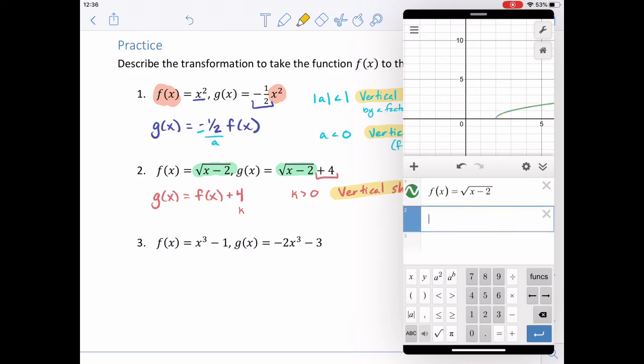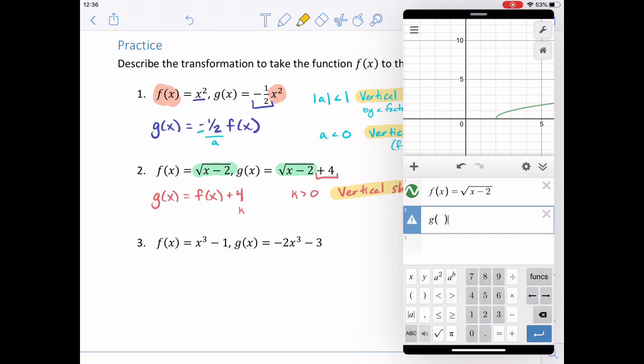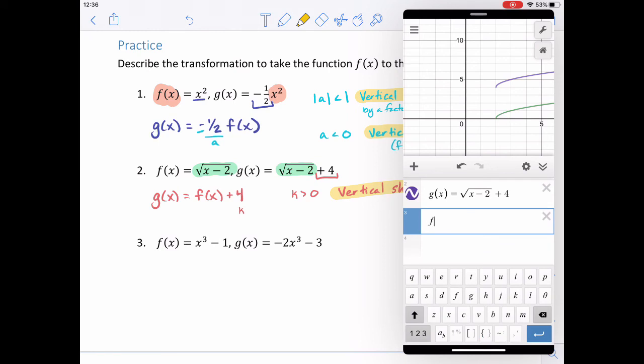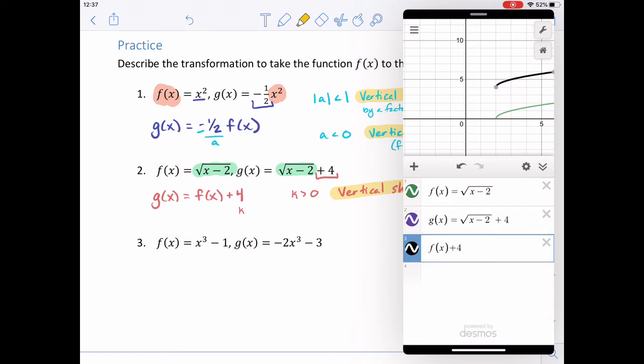If we put g of x as the square root of x minus 2, and then you've got an arrow out, so you can do plus 4 on the outside. We see that we just moved up 4. We can even check that by doing f of x plus 4, and we see that that is directly on top of that g of x function, which means they are the same.